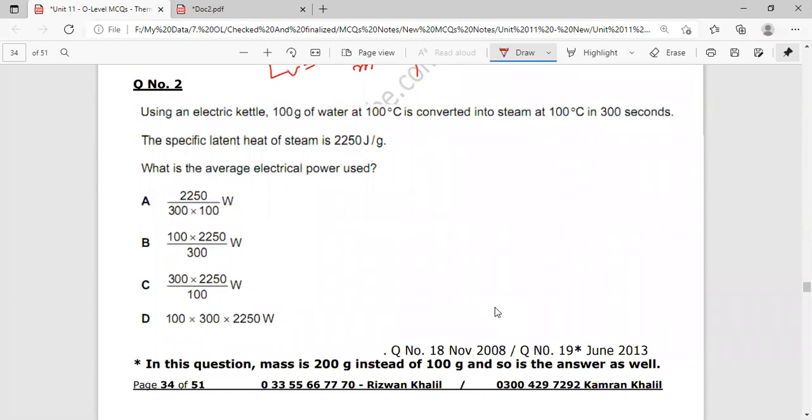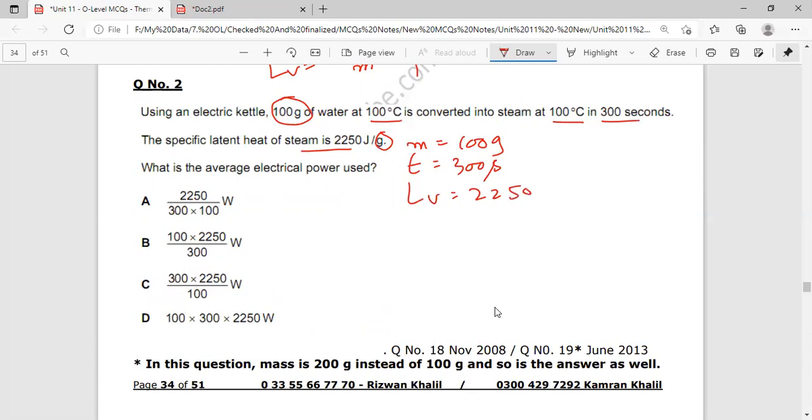An electric kettle's mass is 100 grams. Since it is in grams, there is no need to convert. So mass is 100 grams. Latent heat, temperature remains constant. Time is equal to 300 seconds. Now the specific latent heat of vaporization is given as 2250 joule per gram. We have to find the power.